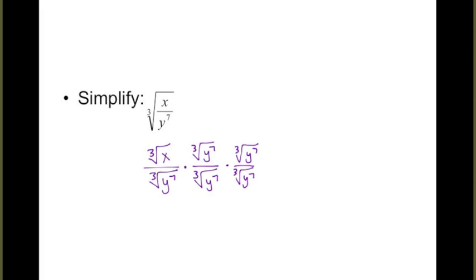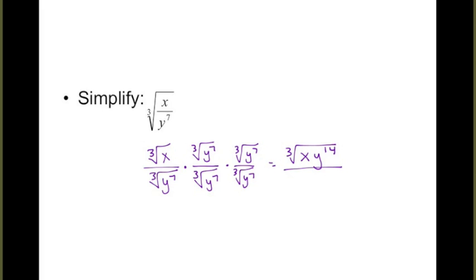So now when I do all that multiplying on the top, I'm going to have a cube root. Underneath it, I'm going to have an x and y to the 14 because we're multiplying, and we learned that when we multiply, we add our exponents. So I've got 7 y's and 7 more y's. I've got 14 y's.